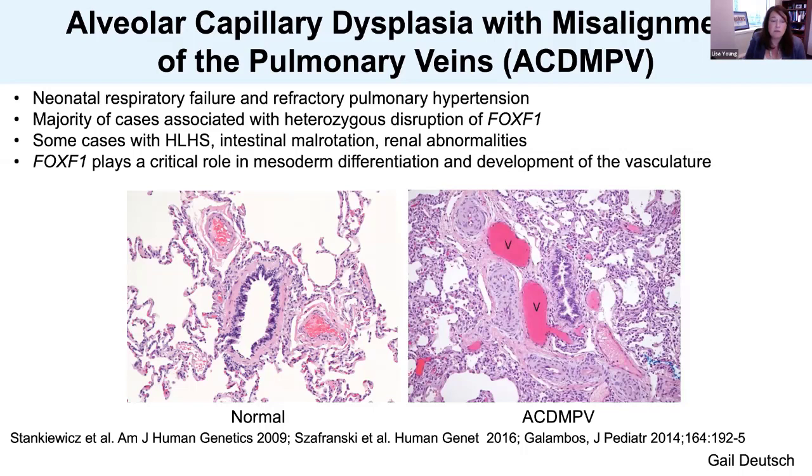But alveolar capillary dysplasia with misalignment of the pulmonary veins, generally a problem in the first days of life, infants to ECMO, unless they're born at a transplant center. Very, very challenging, although there are some milder incomplete penetrant phenotypes, and some patients present later or do well a little bit longer.